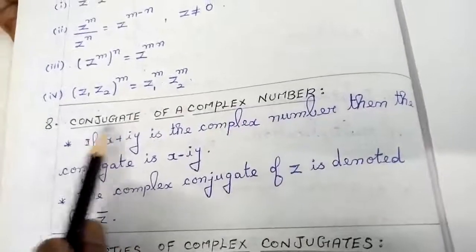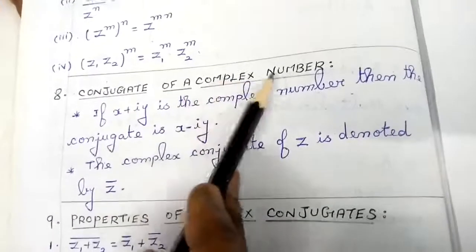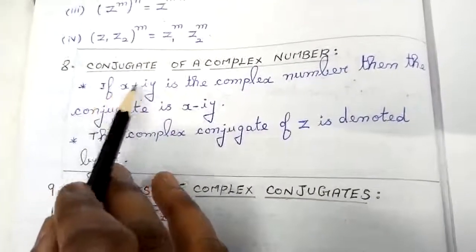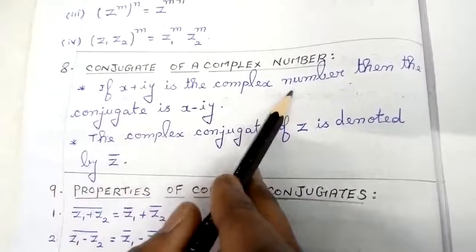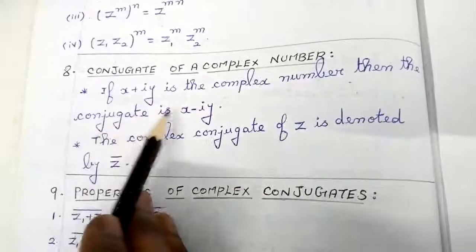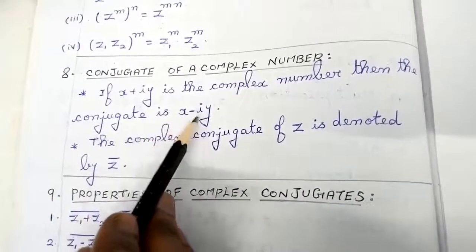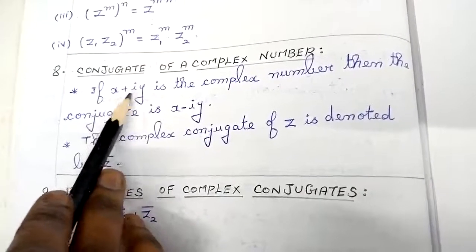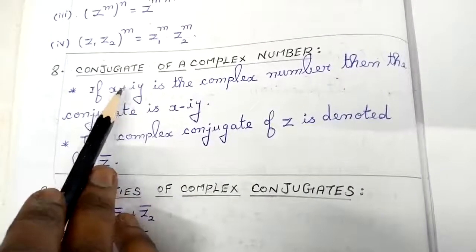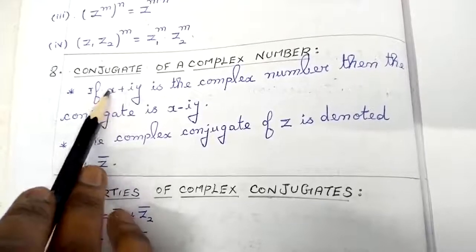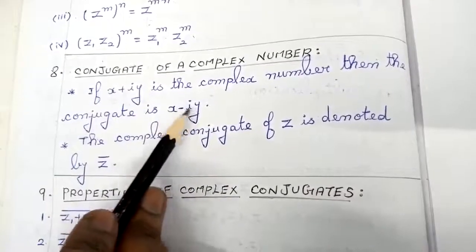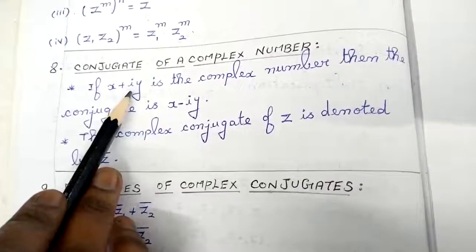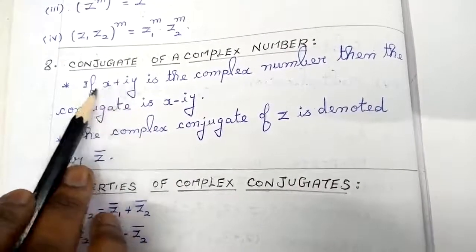Eighth question, conjugate of a complex number. So what is the meaning of the conjugate of a complex number? If x plus iy is a complex number, then the conjugate is x minus iy. So what is the difference? This is the complex value given, x plus iy is the complex number. The conjugate for this particular complex number is x minus iy. I am going to change only the sign in the imaginary part, not in the real part.